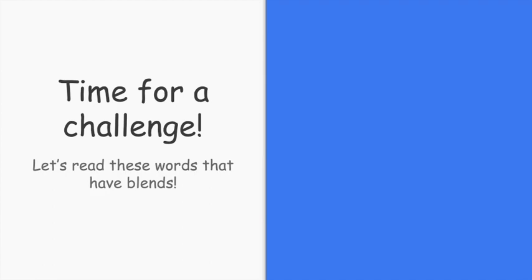Time for a challenge. Let's read these words that have blends and a magic E. How do we say this word? This word is spin. If we add a magic E, how do we say this word?